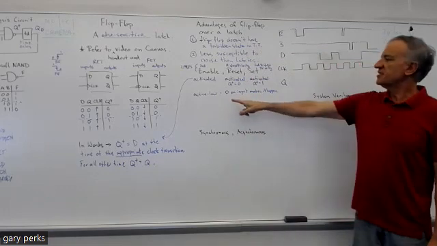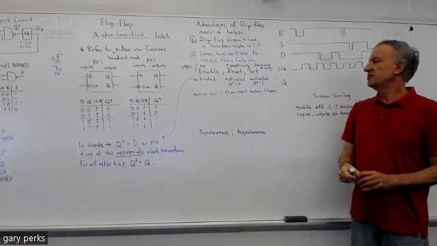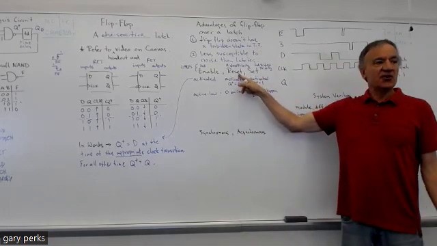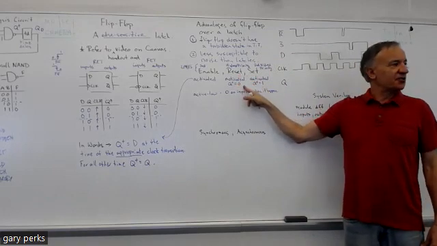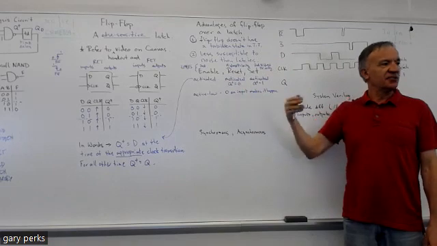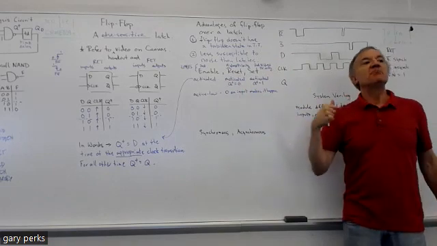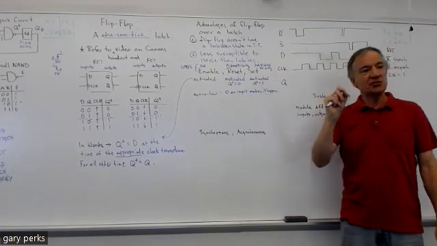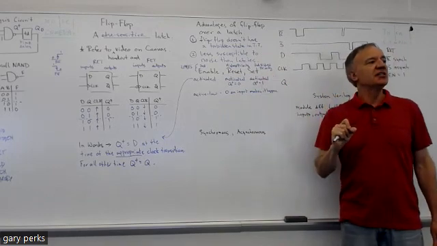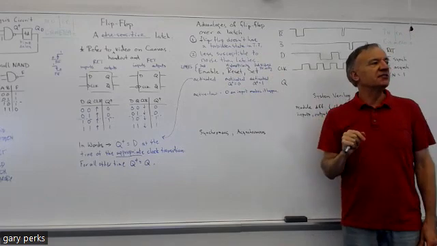So let's say you have an active low reset. That means if you put a 0 on that reset input, that's going to make the next data Q equal 0. So the active value is what makes that input happen, right? If you have an active low set, you would have to put a 0 on that input to make the next state of Q 1.